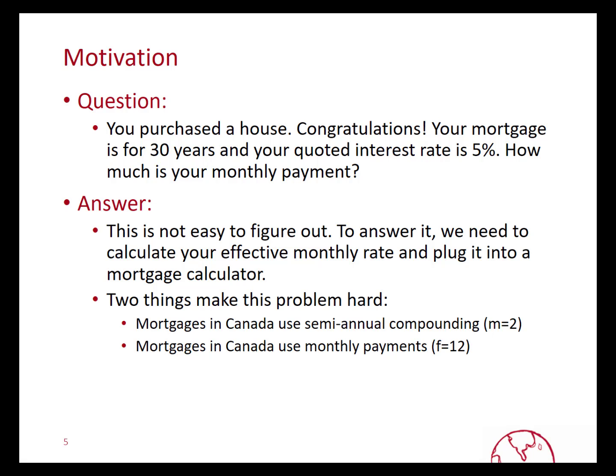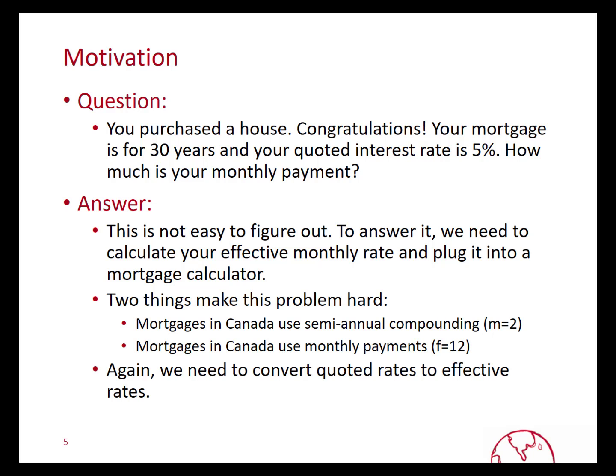Mortgages in Canada use semi-annual compounding, so M is 2 times per year. And mortgages in Canada make monthly payments, so the frequency of payments is 12 per year. So we're going to need a formula to calculate from the quoted rate of 5% to an effective rate, so we can figure out your monthly payment.